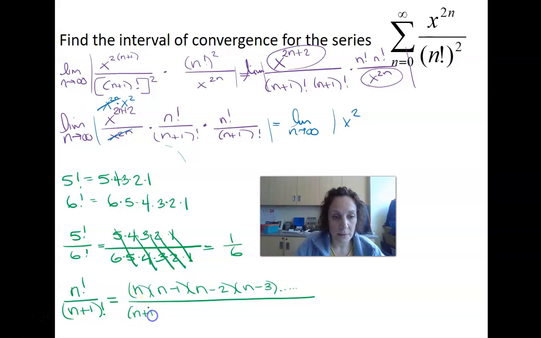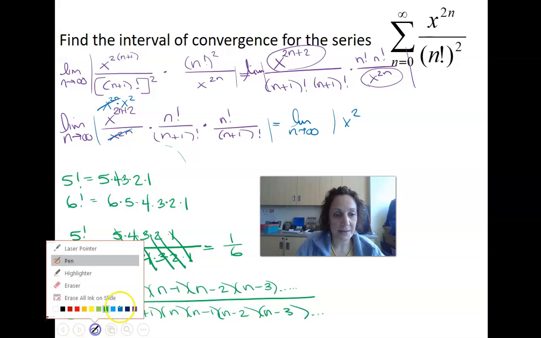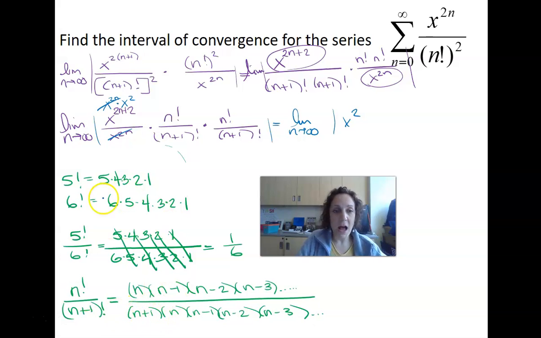N plus 1, the number that came before that was n, and n minus 1, n minus 2, n minus 3. And hopefully you notice that the same exact thing is happening. Up here, it went 5, 4, 3, 2, 1, and then up here it was 6, and everything from 5 down canceled. Well, look, I have n and then n plus 1. So n plus 1 is on its own, but everything from n down is going to cancel. And this whole nasty thing is going to simplify to 1 over n plus 1.